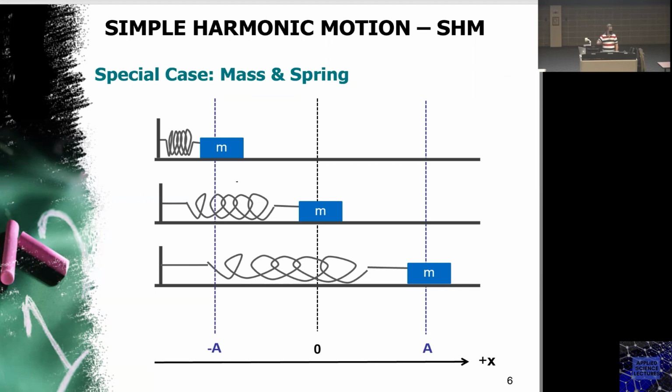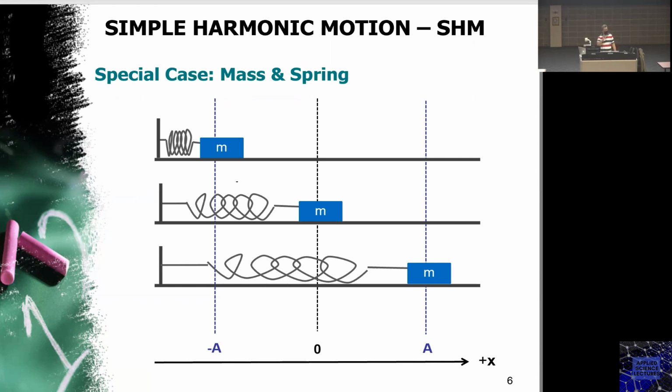If we assume that it's an ideal system, which means it's frictionless, then by pressing this mass to the left or pulling that mass to the right, you are storing energy in the spring. Once you release it, this energy is released, causing the mass to accelerate till it reaches the equilibrium point where the force becomes 0, and then start to decelerate again till it reaches the second point.